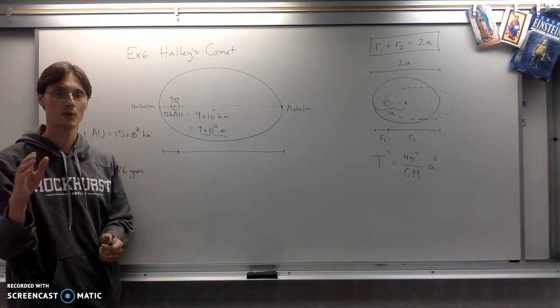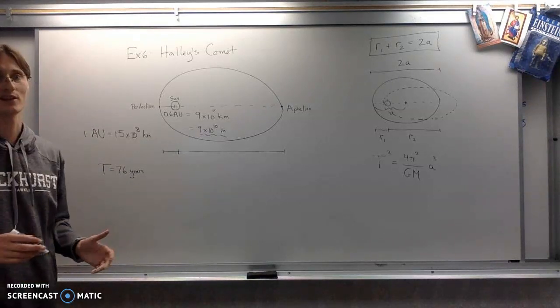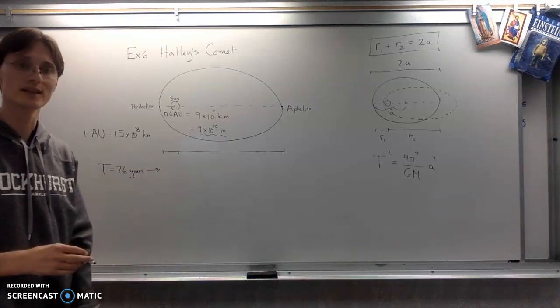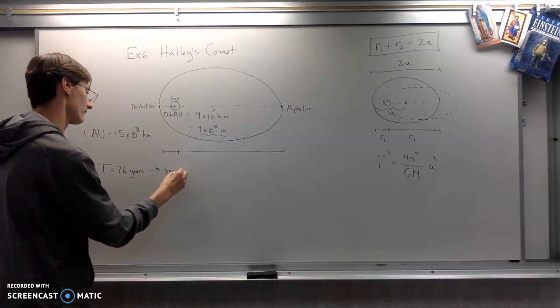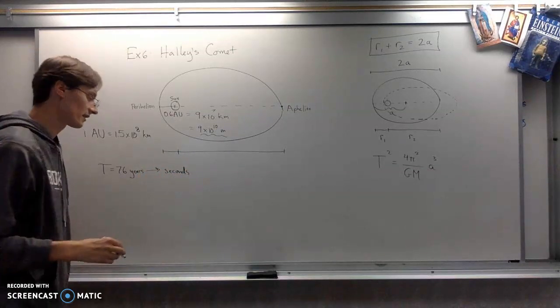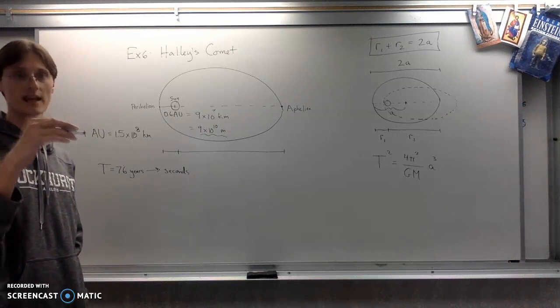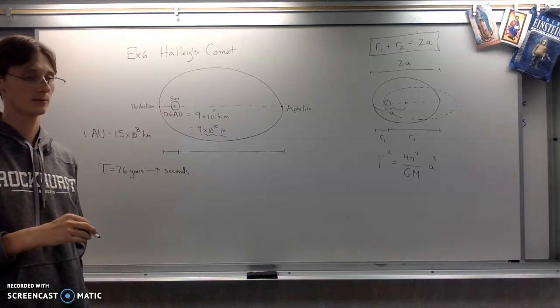All right, hint number 1 if you're stuck. 76, just that's no good. You need that to be in seconds. All right, so let's see, 76 years. There's 365 days in a year. We'll ignore the 0.25 for a leap year, whatever.